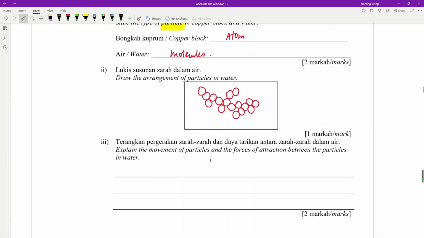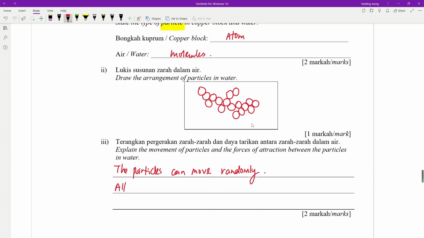Now explain the movement of the particles and the force of attraction in the water. So in the liquid form, the particles can move randomly, right? Then how about the attraction force?